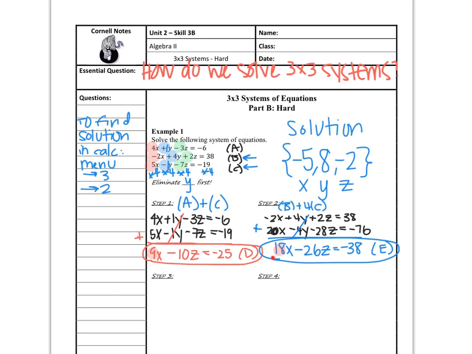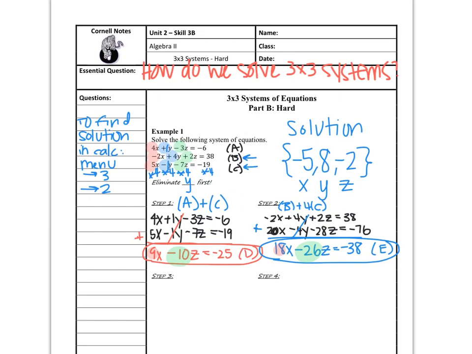We do have to negate one of them, so if I just multiply this by negative 2, it should cancel with positive 18. However, let's look at z's because maybe they're easier. We've got negative 10 and negative 26. Definitely still not easier. Z's are just giving us a hard time today.